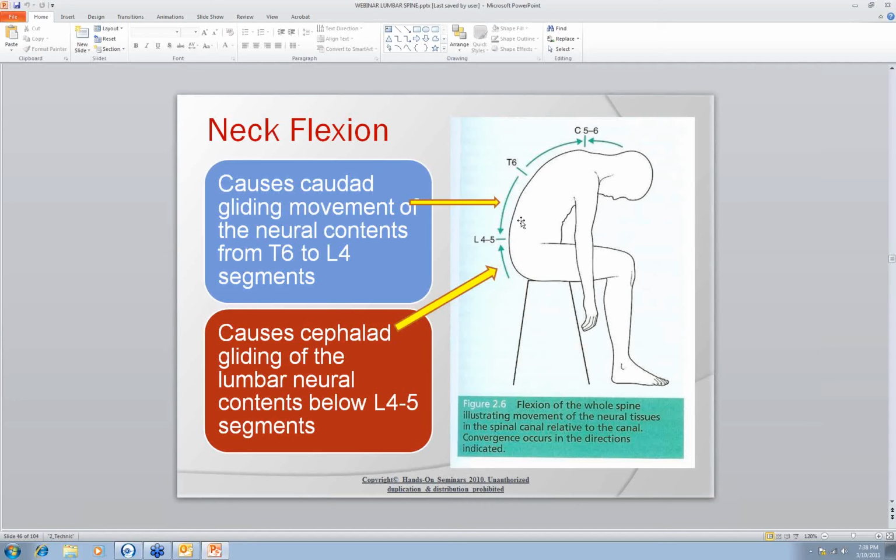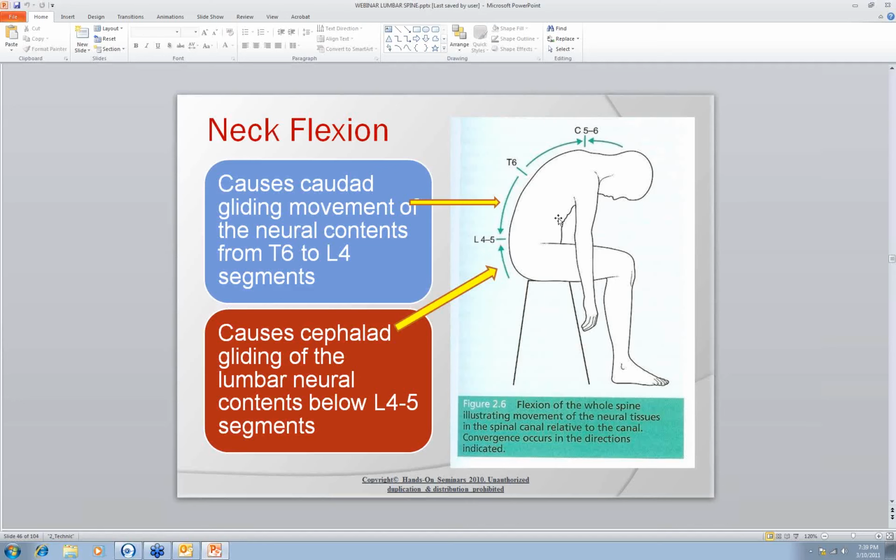So in this case, where I have these fixed segments, the neural contents from T6 to L4-L5 will glide downward in a caudal direction, while the neural contents that are below L4, L5 will glide upward.